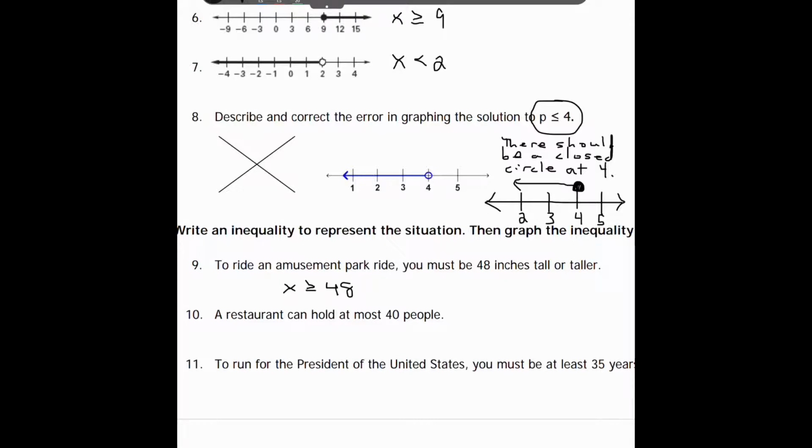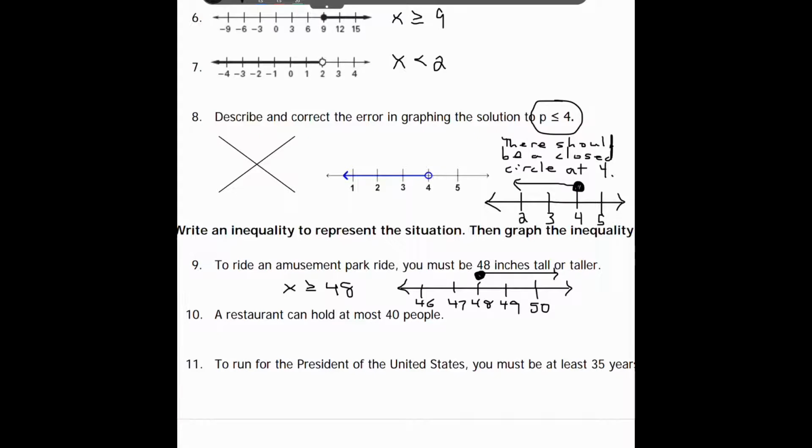And a number line to represent this situation. I'm going to put 48 right in the middle. Put a couple points to the left and right. 49, 50, 47, 46. I'm going to put a solid circle above 48. Greater than or equal to, we are heading to the right.